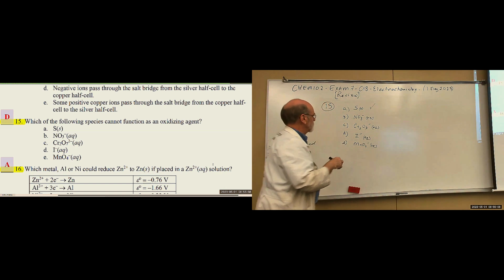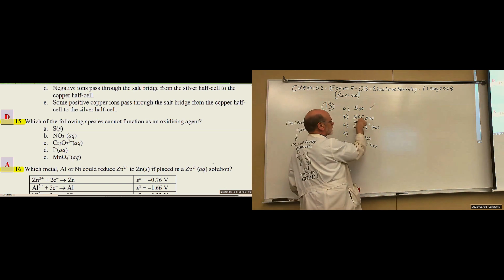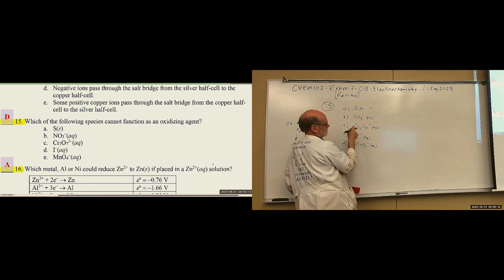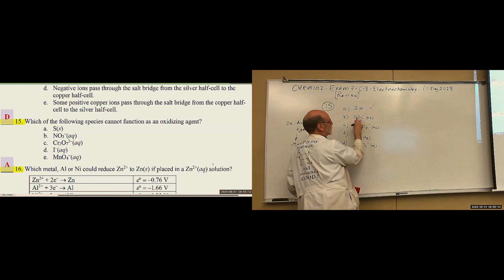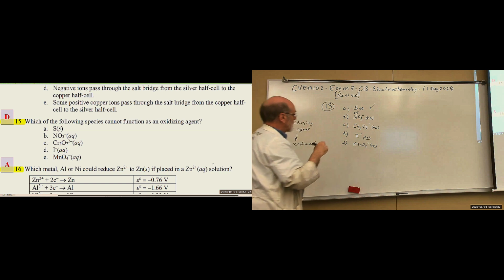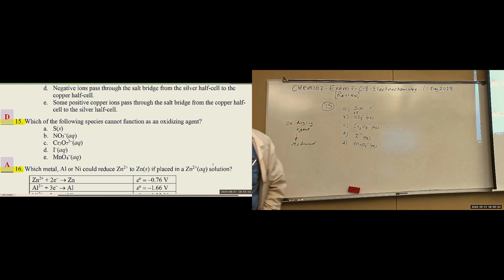How about NO3? Well, oxygen is not going to do anything, probably. We have to pick one, and we're going to pick nitrogen. So this is -6, so this is +5. So can nitrogen +5 be reduced? Let's see. Oh yeah. It can go all the way down to -3.